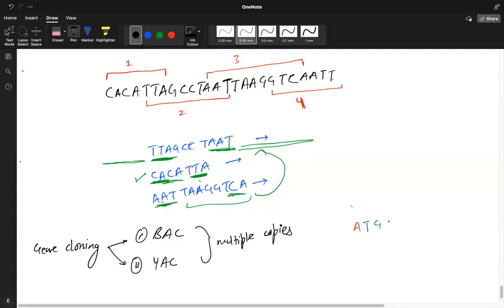So all the machine has to do is to see: if it sees red, it will read it as A, blue as T, green as G, and black as C. In a DNA, you will have bases one after the other, right? If I keep it straight, you will have bases one after the other. So this will be red, then it will go to the next one, and it will keep reading. Make sense, everyone?